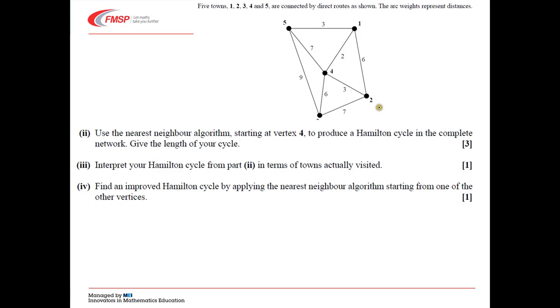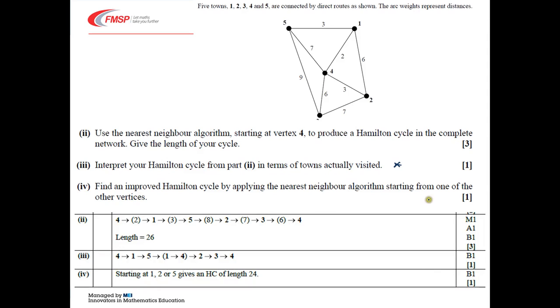Then we've got nearest neighbour algorithm again. Interpret the nearest neighbour to give the Hamiltonian cycle, and then it asks us to improve on the Hamiltonian cycle by starting at one of the other vertices, and that was pretty straightforward.